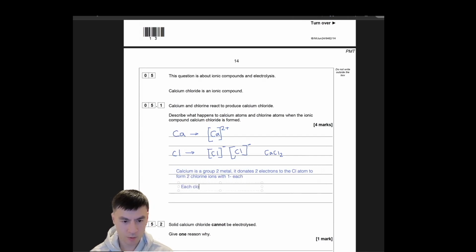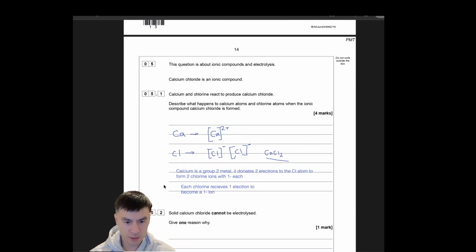Each chlorine receives 1 electron to become 1 minus. That should be enough, and write CaCl2 as well. Alright, 4 marks.